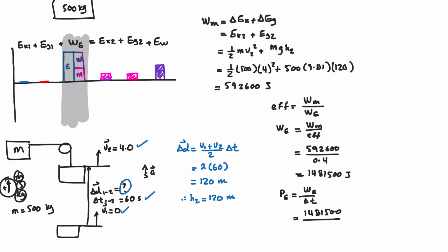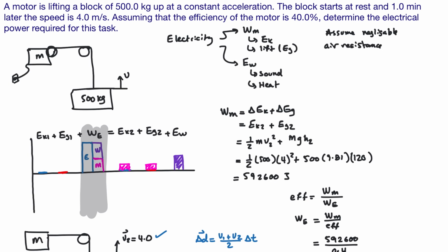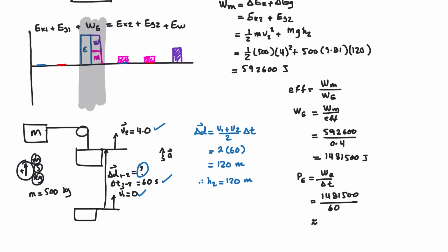The time it takes for this process is 60 seconds, and when I divide the two, I will get, I need to see the number of significant figures, so I'm going to go back up. 2 significant figures for time of 1 minute, giving me 25,000, and this is watts. And that is my final answer that I will highlight.